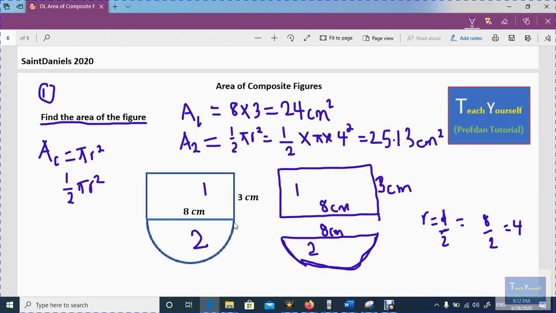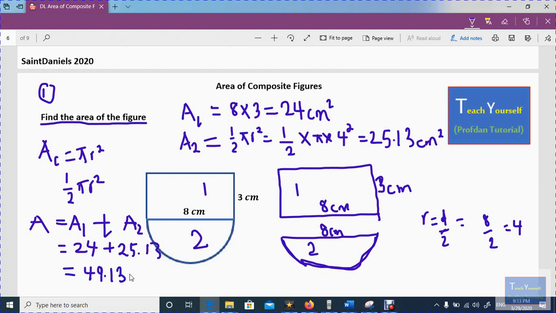1 and part 2, and this can therefore be written as our area is equal to the area of figure 1 plus that of 2, which finally gives 24 for A1 and our A2, which is 25.13, and this can finally give 49.13 centimeter squared.